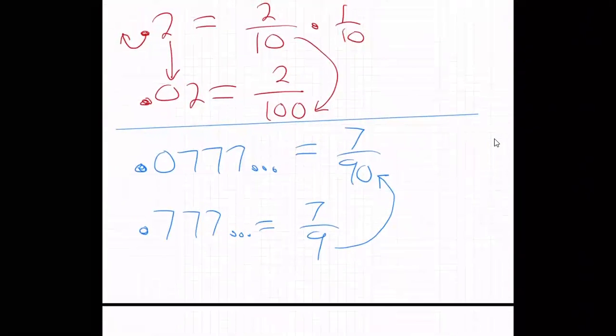But if you add a 0, that just moves it back one spot like that, doesn't it? Everybody see that? All right. So that's about all the discovery we're going to need right there.